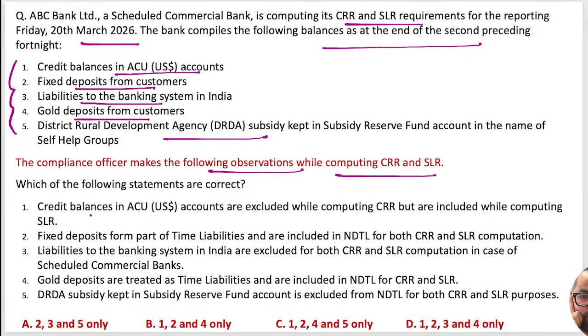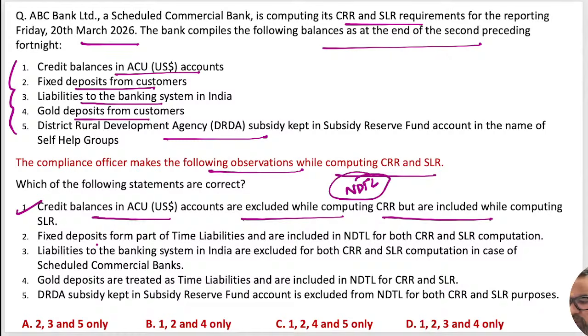Okay, so first, credit balances in ACU accounts are excluded while computing the CRR, but included when we calculate the SLR. Calculation of DTL or NDTL. So that is the one. Second statement, a fixed deposit forms part of the time liability and is included in NDTL for CRR and SLR both.